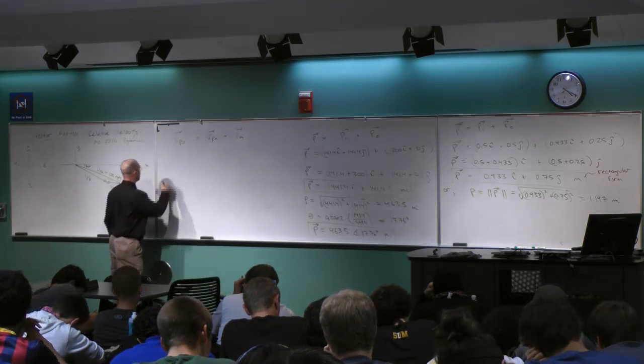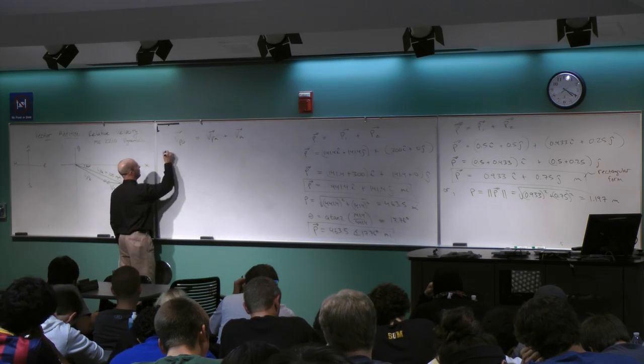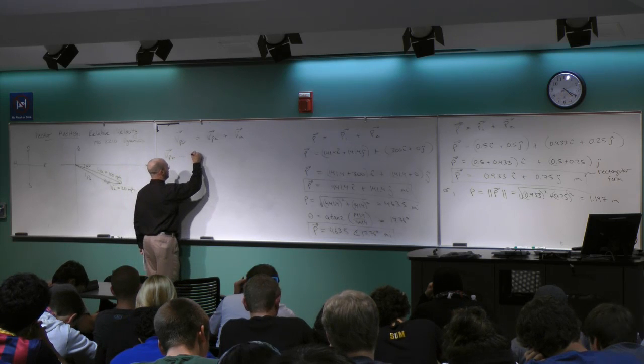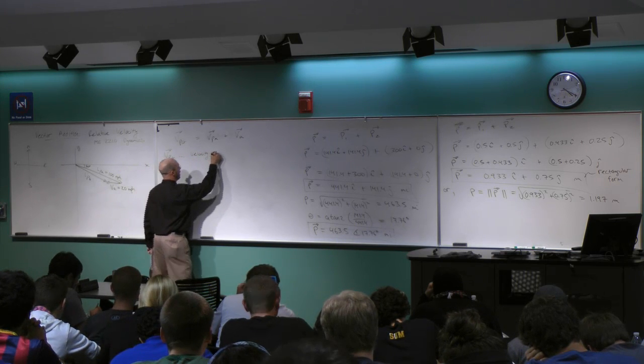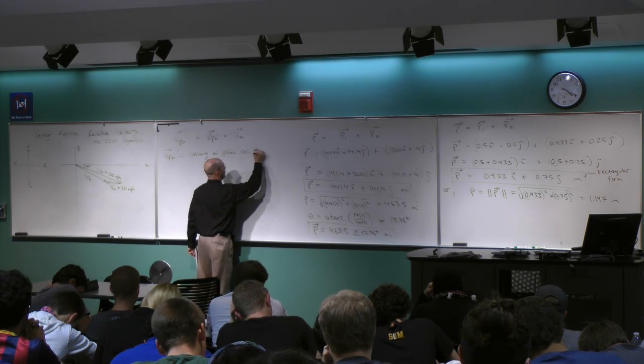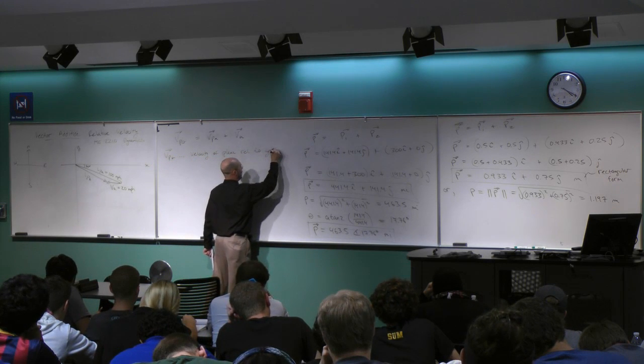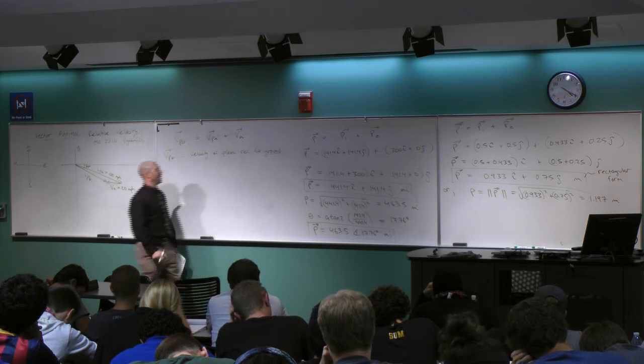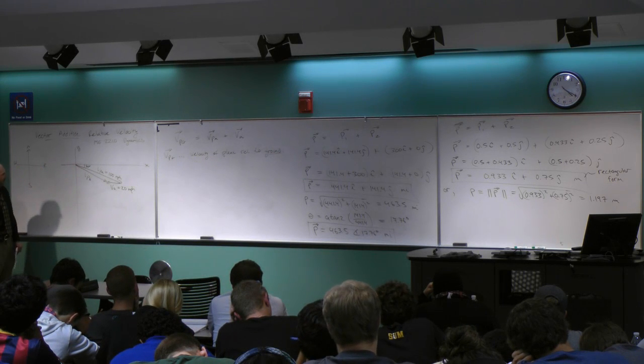So to be clear, let me define these guys. VPG is the velocity of the plane relative to the ground, which is the one that matters. How far on the earth am I moving?